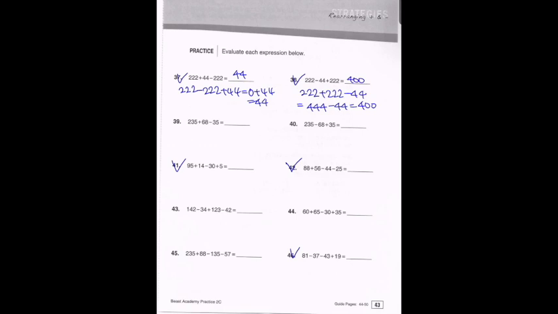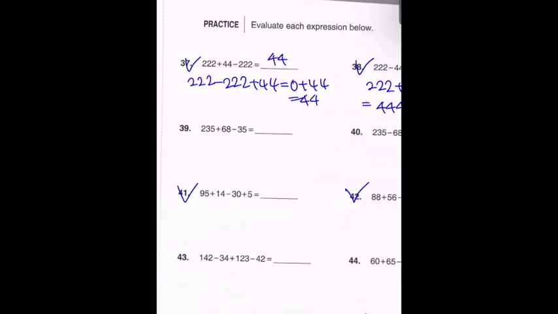And so now we'll go over problem 39 together. For problem 39, we're going to rearrange. So we see 35 repeated twice.